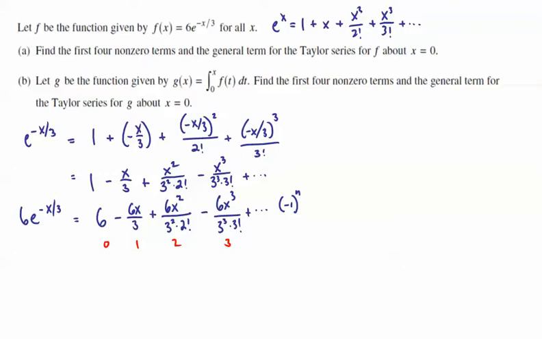So negative 1 to the n, then times 6x, and it appears that that is simply to the nth power as well, divided by, we have 3 to the 0, 3 to the 1, 3 to the 2, 3 to the 3, that's 3 to the nth power, and then n factorial as well in the denominator. And I think we're all set for part A then.